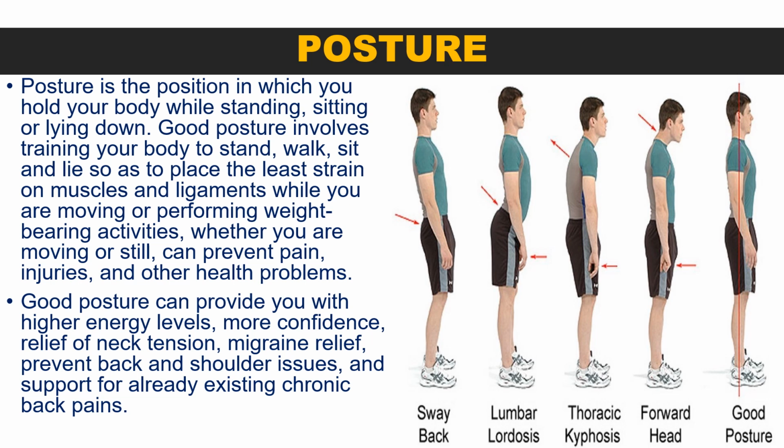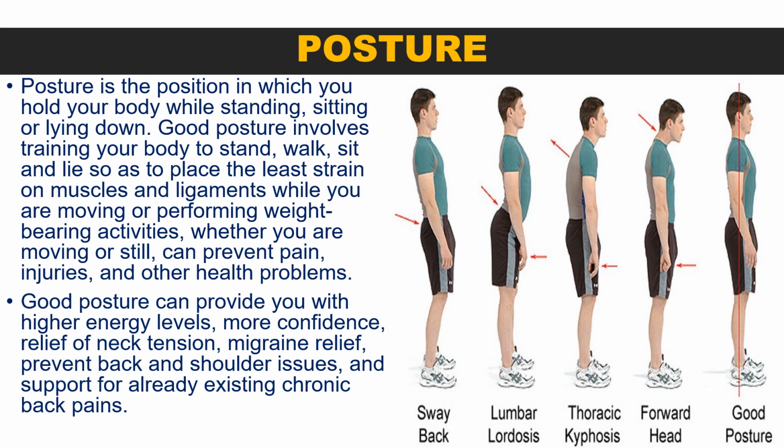The maximum energy level is provided when we hold good posture. Otherwise it will give a lot of bodily problems: neck tension, migraine, back pain, shoulder issues. These are the things that will happen. Next, look at the person: sway back, lumbar lordosis, thoracic kyphosis, forward head, good posture. These are the five postures.